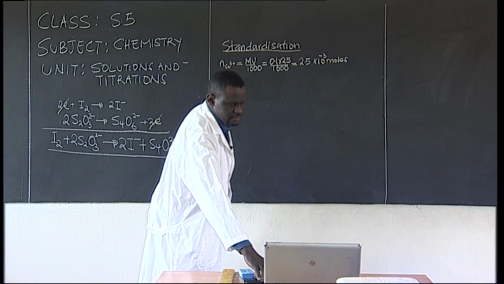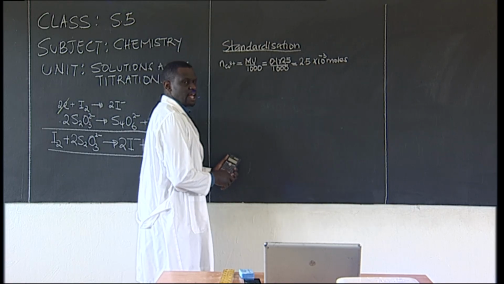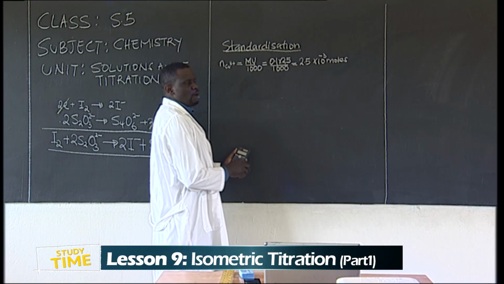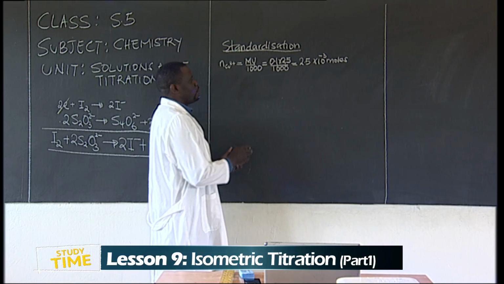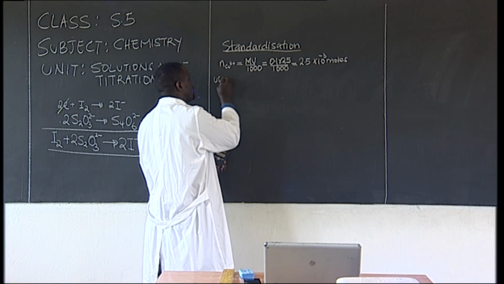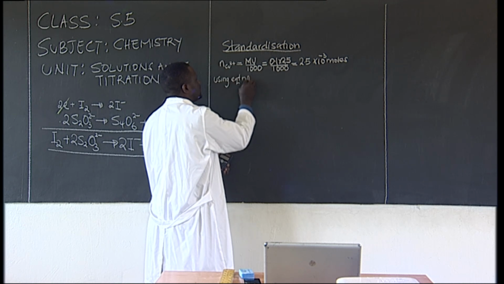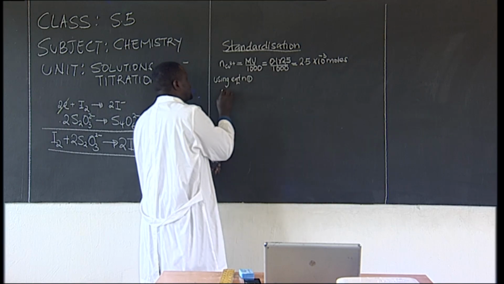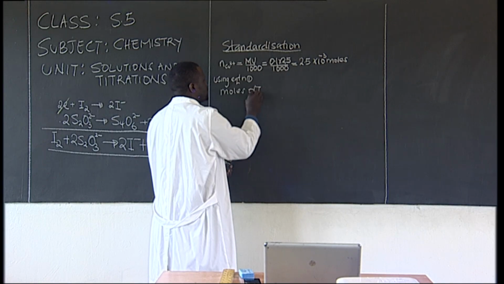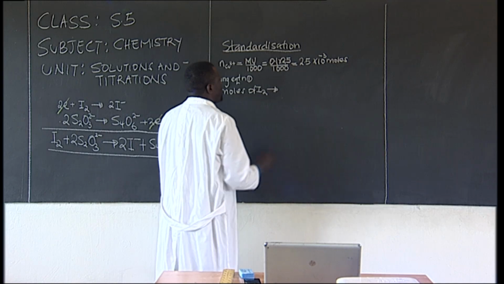Hope you have your calculators nearby. Our topic, as we have said, is all about calculation. So I have my calculator ready. The next step: now we have moles of copper, using equation 1, we can find the moles of iodine which has been produced by copper.